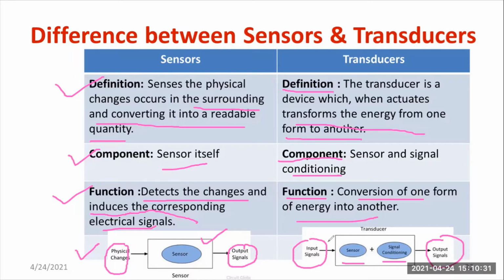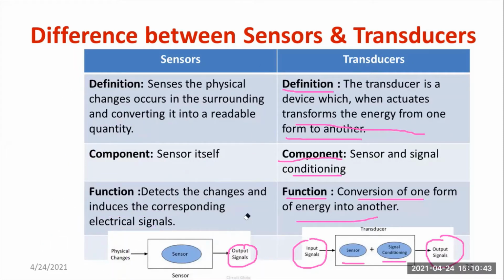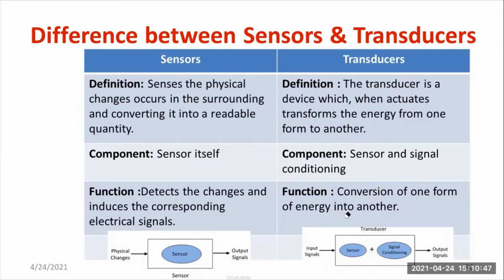The input might be a non-electrical quantity and you get an electrical quantity. That is a speciality of the transducer. So there is a difference in the block diagram also. You can note this difference. This is very important. Sensors and transducers are different, but a sensor is a part of a transducer.